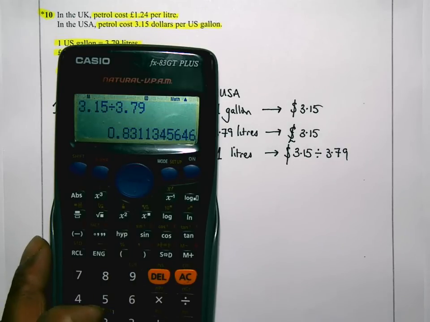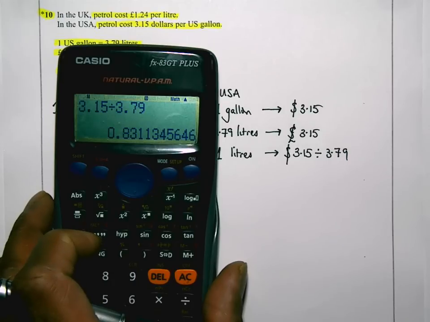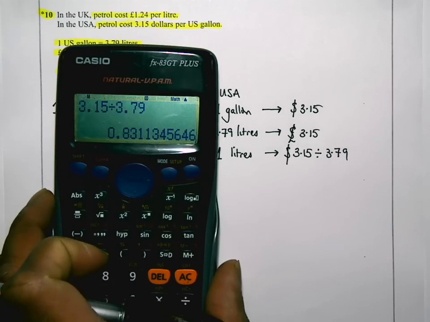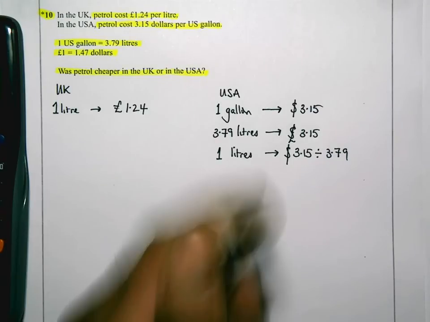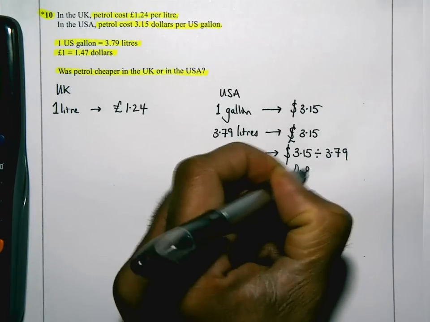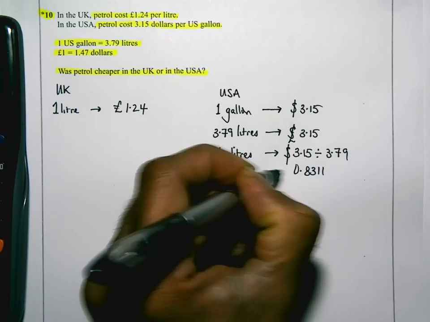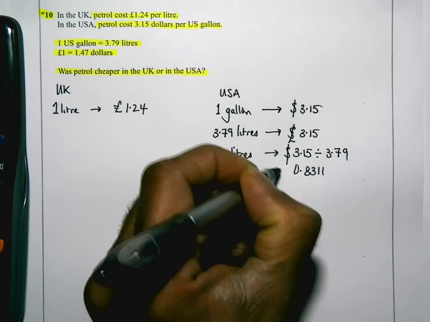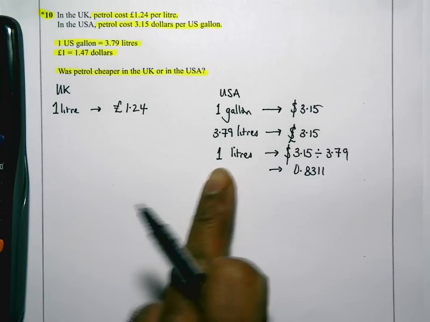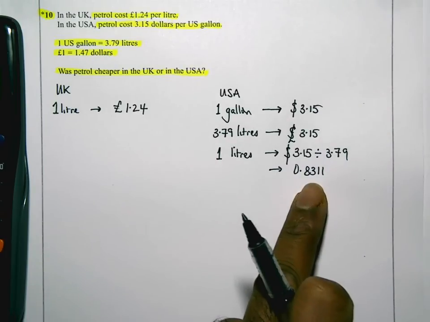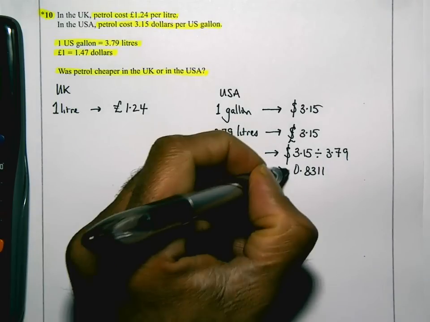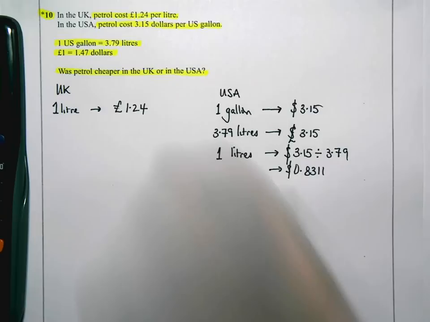I'm going to write down the first 4 decimal places, 0.8311. So that basically tells me that 1 litre is going to cost 83 cents, or 83 and a bit cents. That's still in dollars, really, but it's 83 cents.